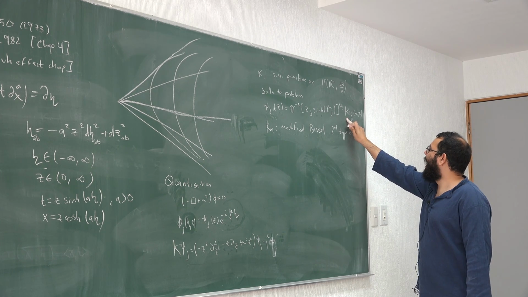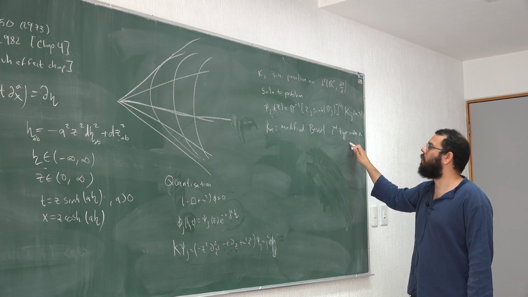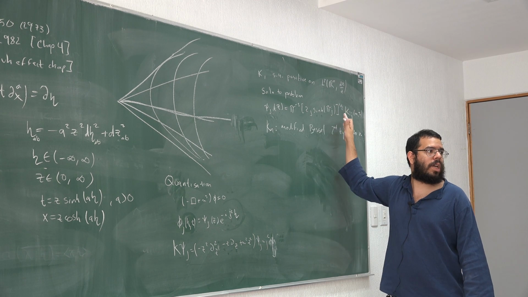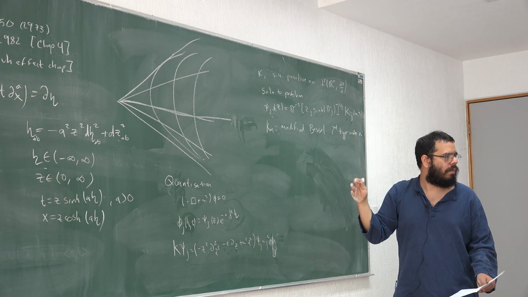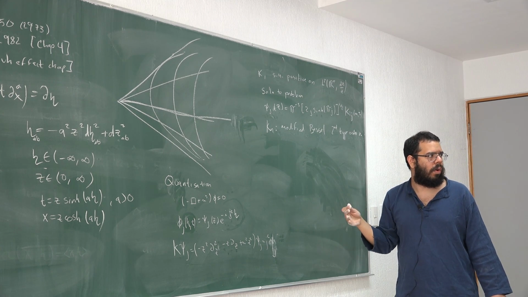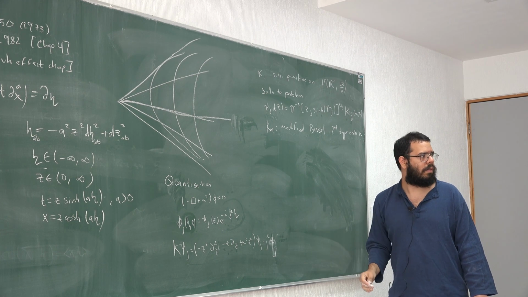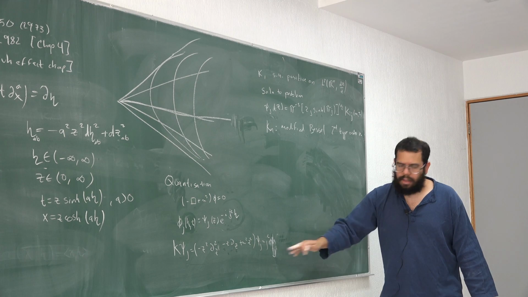And so a K_n is called a modified Bessel function of second type of order n. So this is of imaginary order j, right? This is just a special function. It's very well known in the literature, and that is just the solution that you get by solving this problem, right? So these are the modes that satisfy this eigenvalue equation.